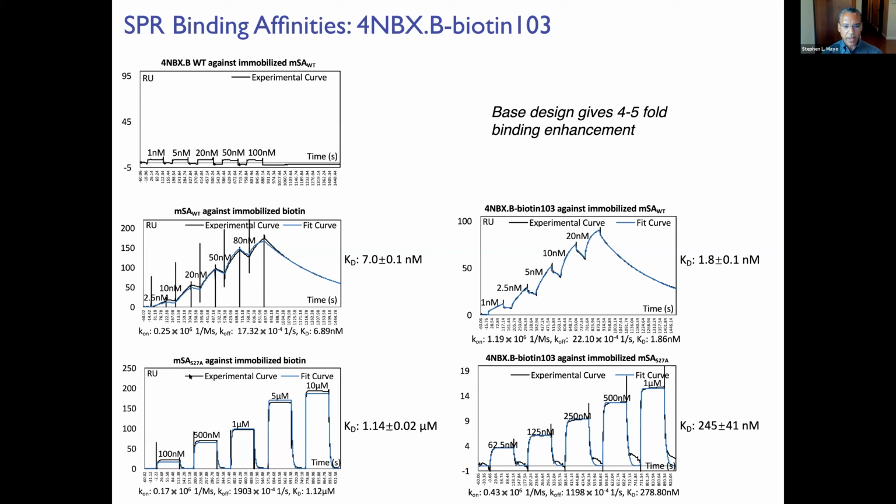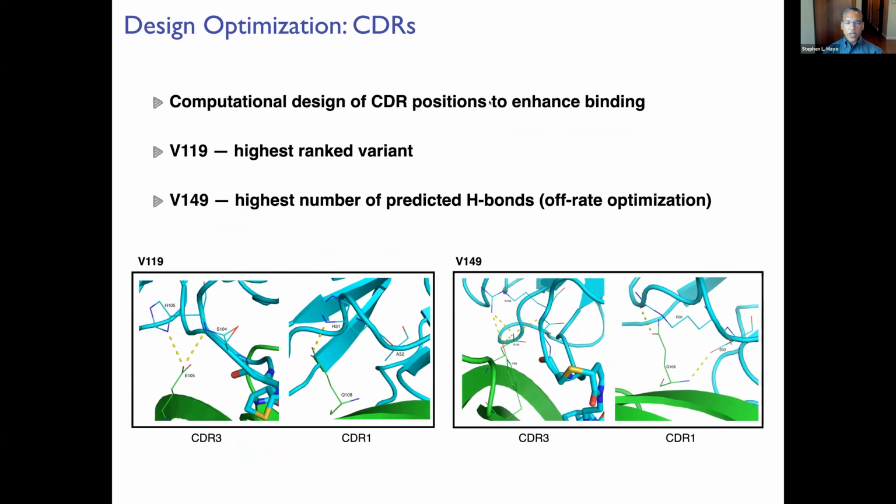And then for the binding compromised monomeric streptavidin, we go from roughly 1 micromolar down to roughly 250 nanomolar. So we're getting 4 to 5-fold improvement in our base design. Again, this is without optimization. So we can then deploy computational design on the CDR positions to enhance binding.